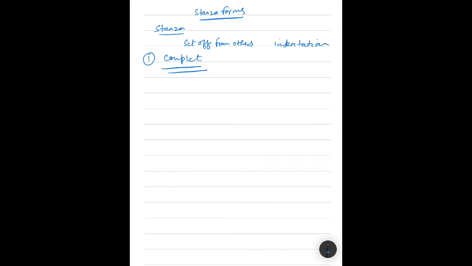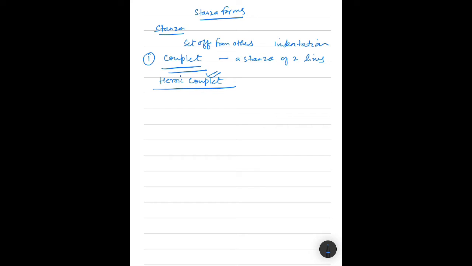I think this is very known to you, that a stanza of 2 lines is called couplet. Generally in Hindi we call it doha, a stanza of 2 lines. Similar to this, we have a word called heroic couplet. Now, heroic couplet, because the word couplet is used, it means it will be a stanza of 2 lines.